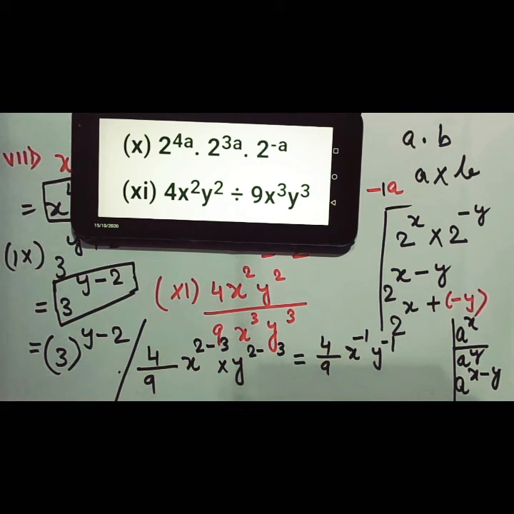You all might remember the formula that to make a negative exponent positive, we have to change it into its reciprocal form. So this will be equal to 4 by 9 times 1 by x into 1 by y, or 4 by 9xy as our final solution.